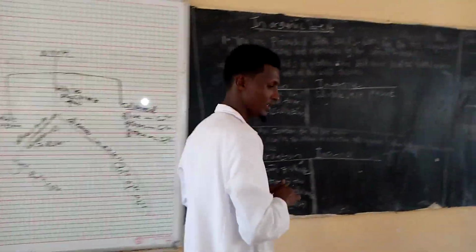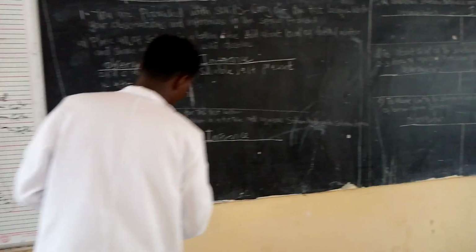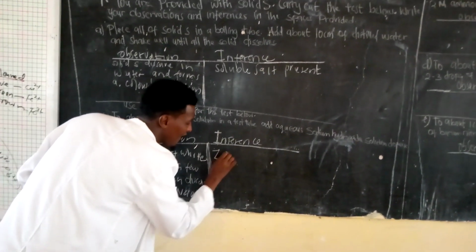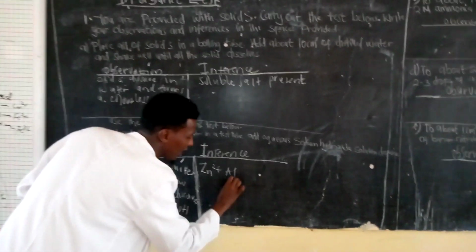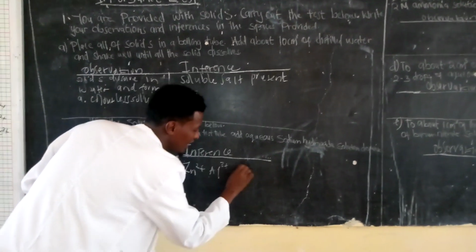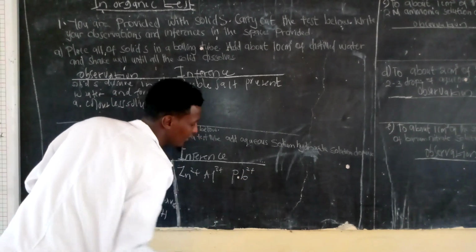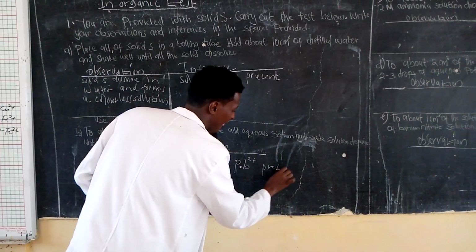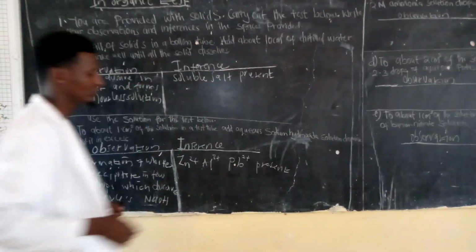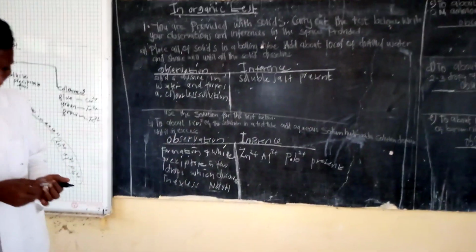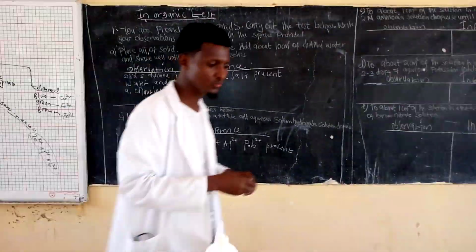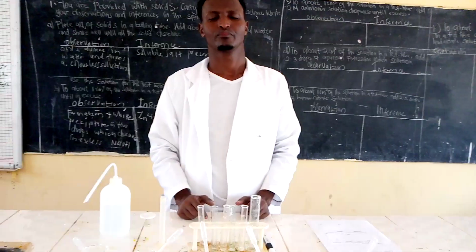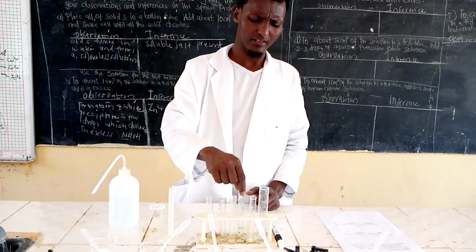So you come here and you write zinc ion, aluminum ion, and lead ion present, isn't it? So you go like that. Good. From there, let's go to the next one.